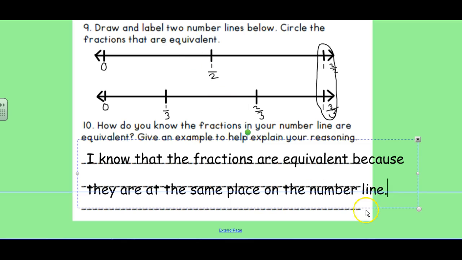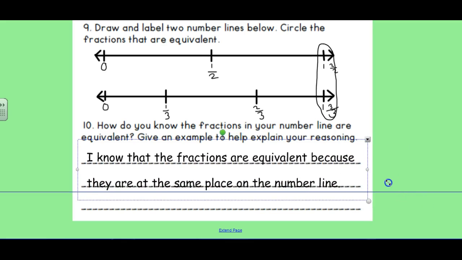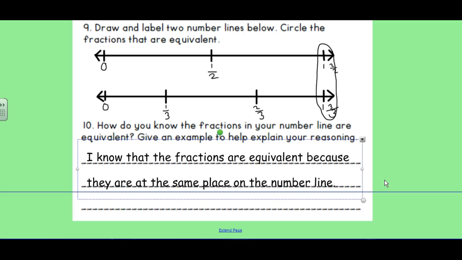This also says, give an example to help explain your reasoning. So what I'm thinking it means is, let's give an example of maybe another fraction that's not equivalent because they're not at the same place on the number line.